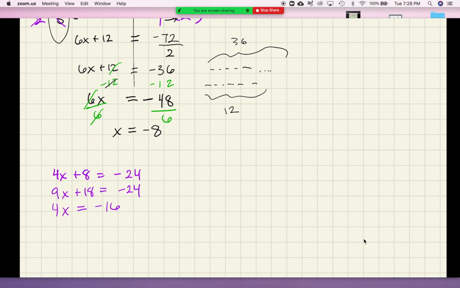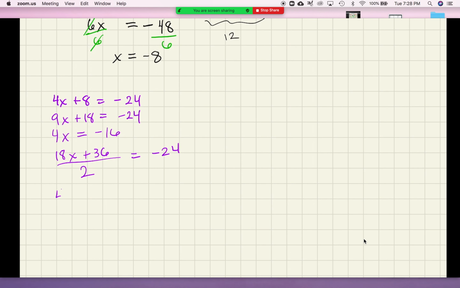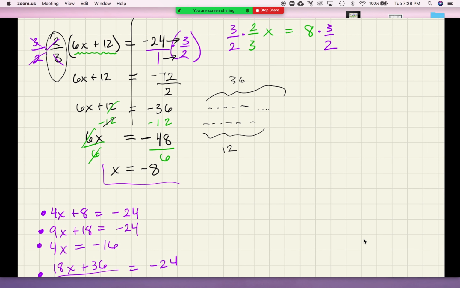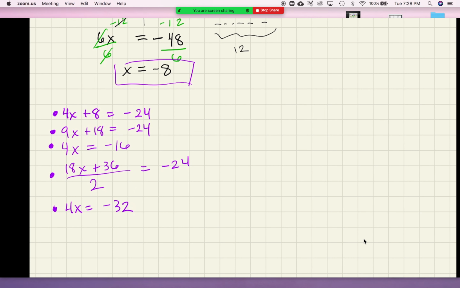The fifth one is 18x plus 36 over 2, the division line, equals negative 24. And the last one is 4x equals negative 32. Does that look like how you were saying them? Yeah, that's them.